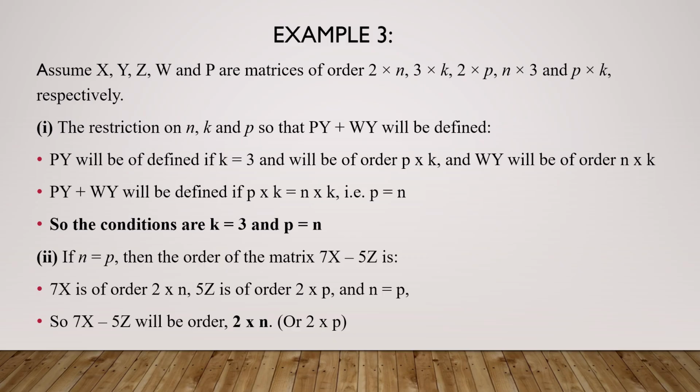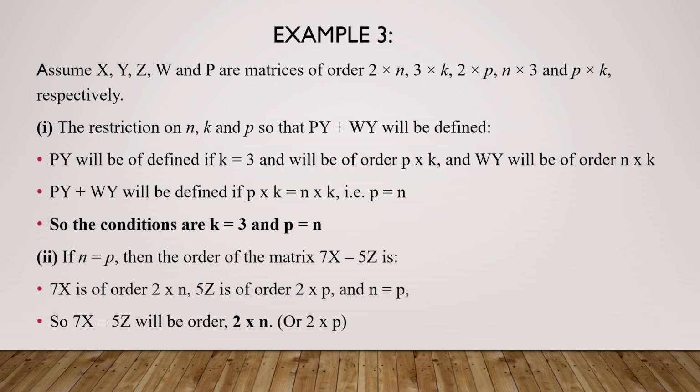So first thing is you are having k is equal to 3 and your WY is of order n cross k. Now if you want to add two matrices, you know again it should be having the same number of rows and columns.